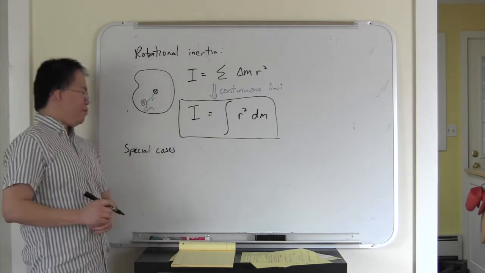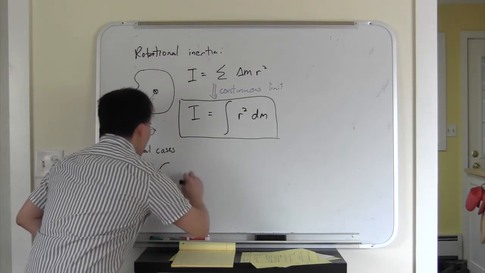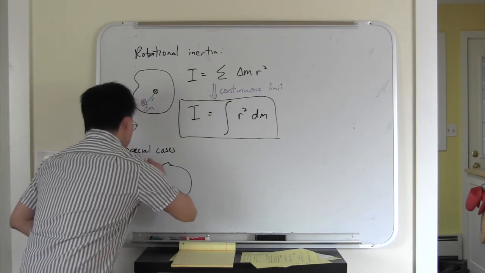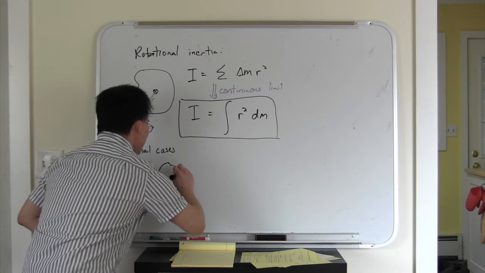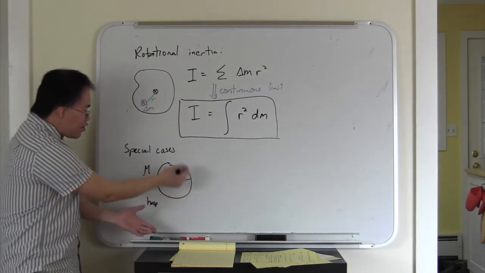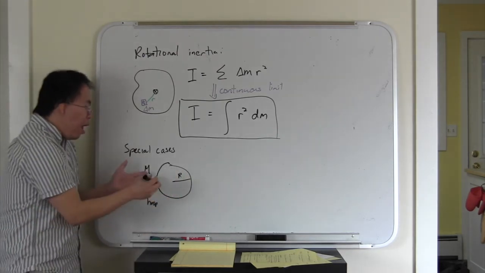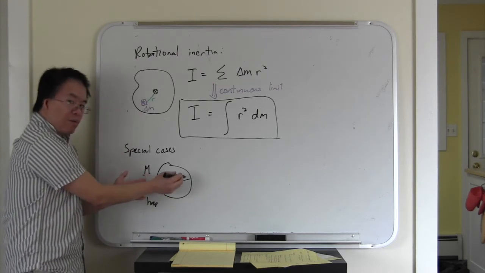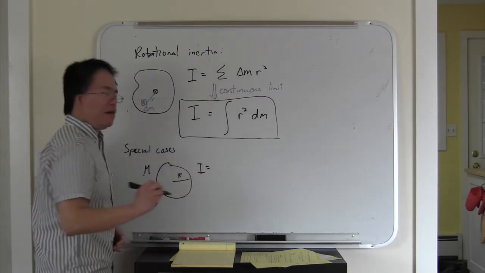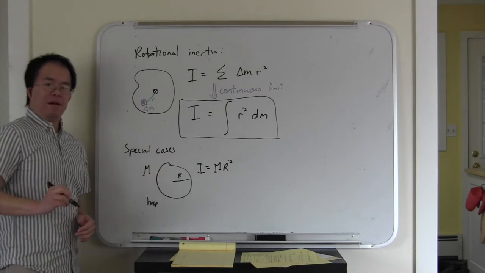If you do some calculus, you can show that if I have a thin hoop of mass m and radius r, completely empty in the middle, all of the mass is at radius r, and then it turns out that the rotational inertia is just the total mass times r squared.